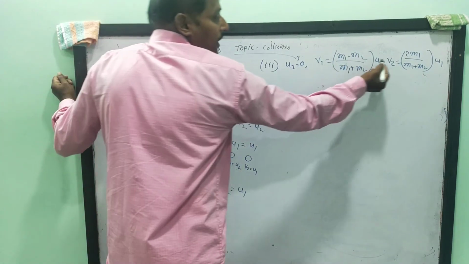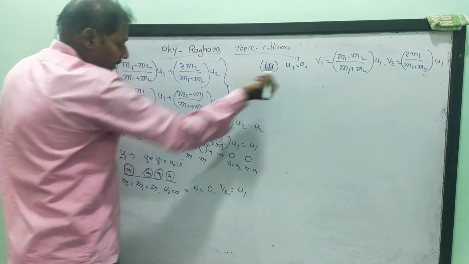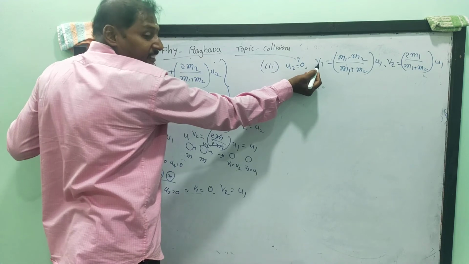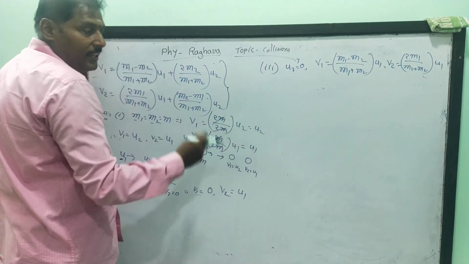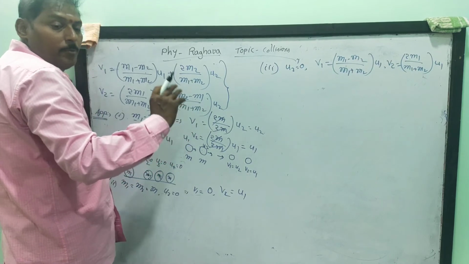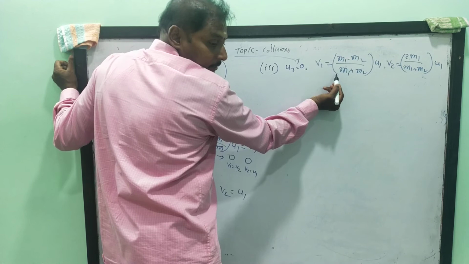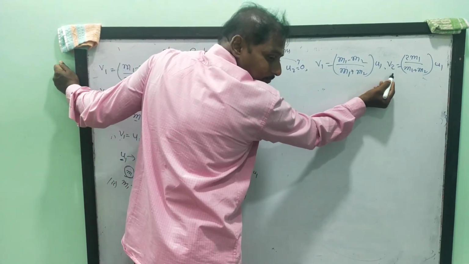So the first body has a velocity and the second body is at rest. During collision, there is an exchange of momenta, that is, momentum is transferred by the first body to the second body.